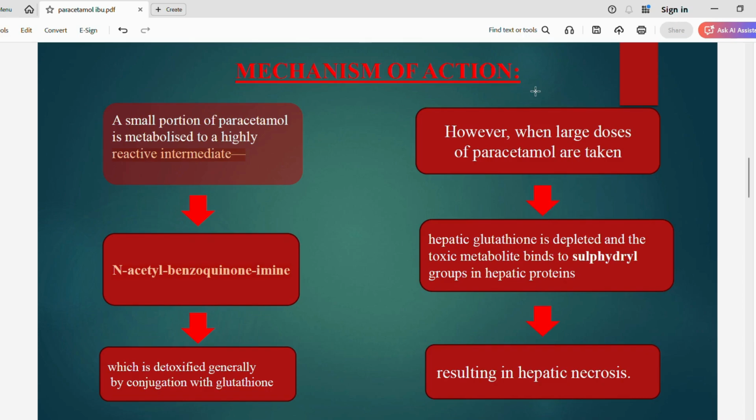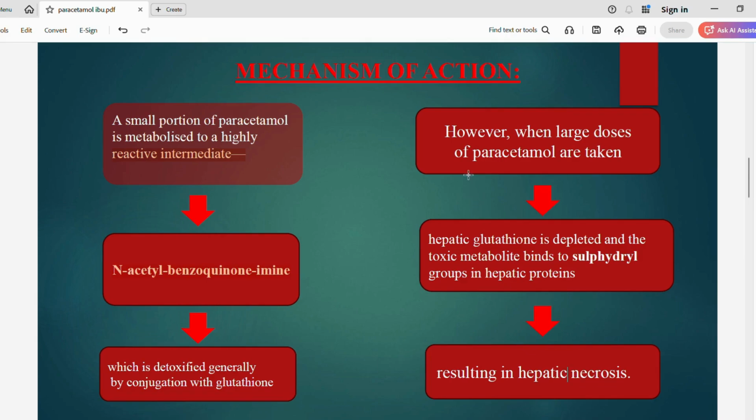So now we will see, when we take a larger dose of paracetamol, what will be this reaction. However, when a larger dose of paracetamol is taken, hepatic glutathione is depleted and the toxic metabolite binds to sulfhydryl groups in hepatic proteins, resulting in hepatic necrosis.